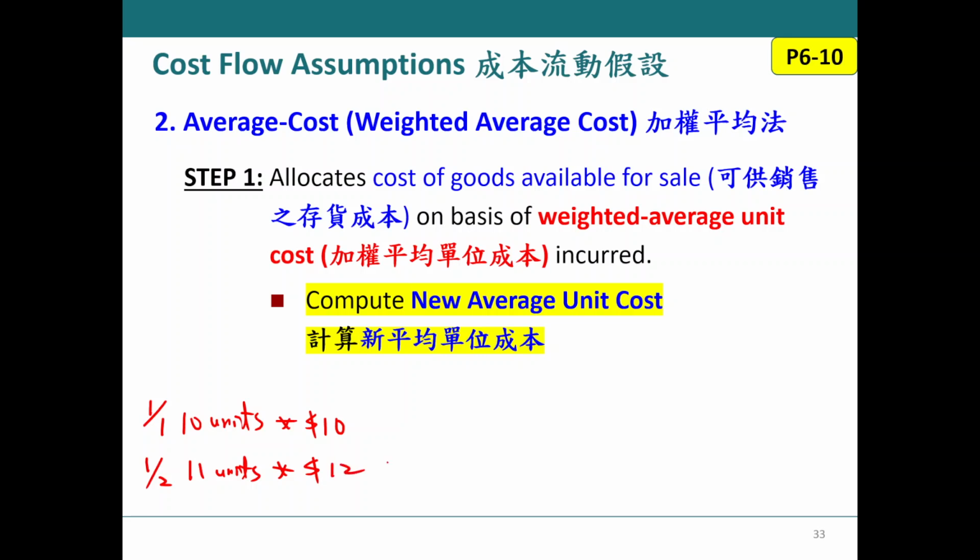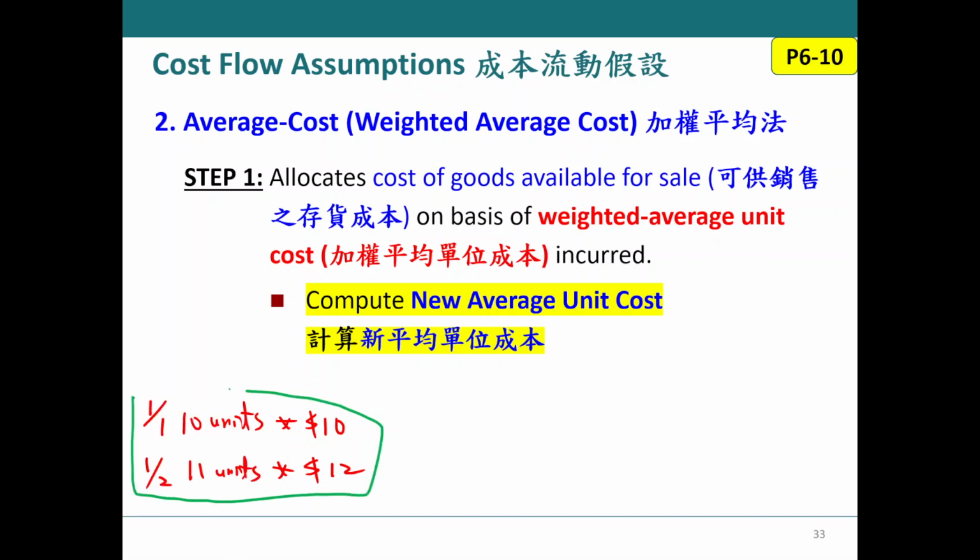Okay? So we have two inventories with different unit cost. So our second assumption is what? We mixed them together to make it combine, become totally one inventory. Okay? So how to make it mix together to become one?